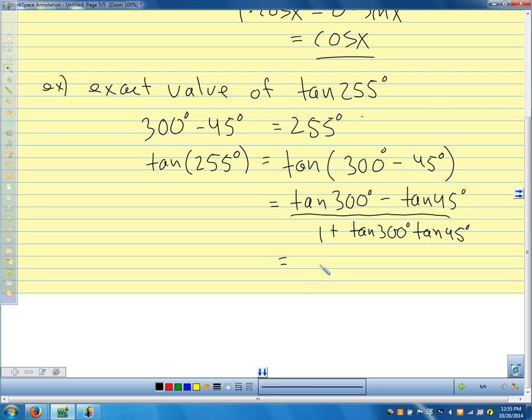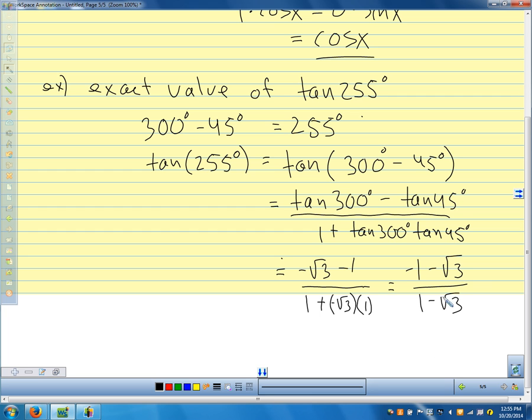Tangent of 300, we can find these on our unit circle, is negative square root of 3, minus 1, over 1 plus negative square root of 3 times 1. I'll just rewrite this in a more standard form: negative 1 minus square root of 3, over 1 minus square root of 3.